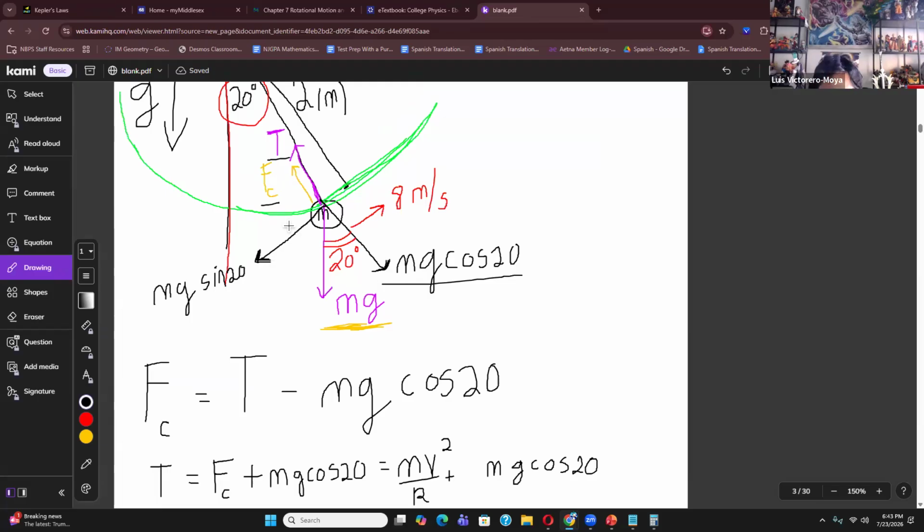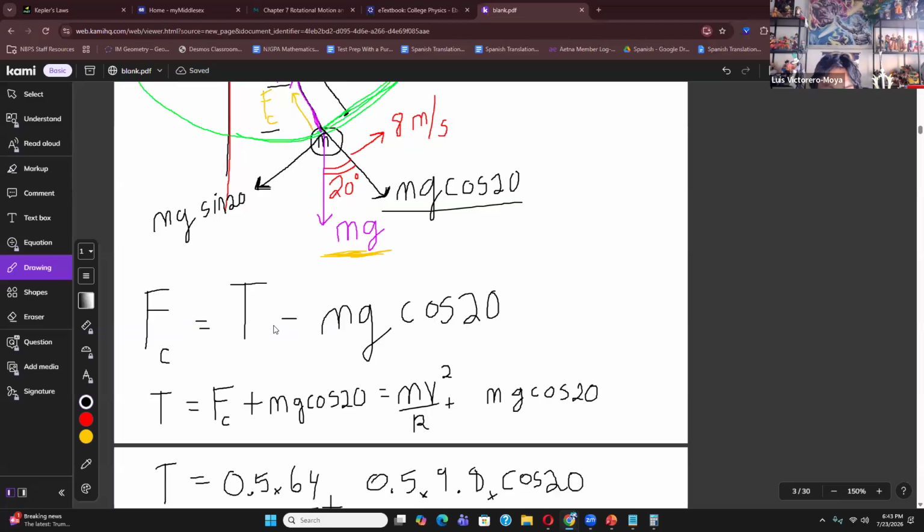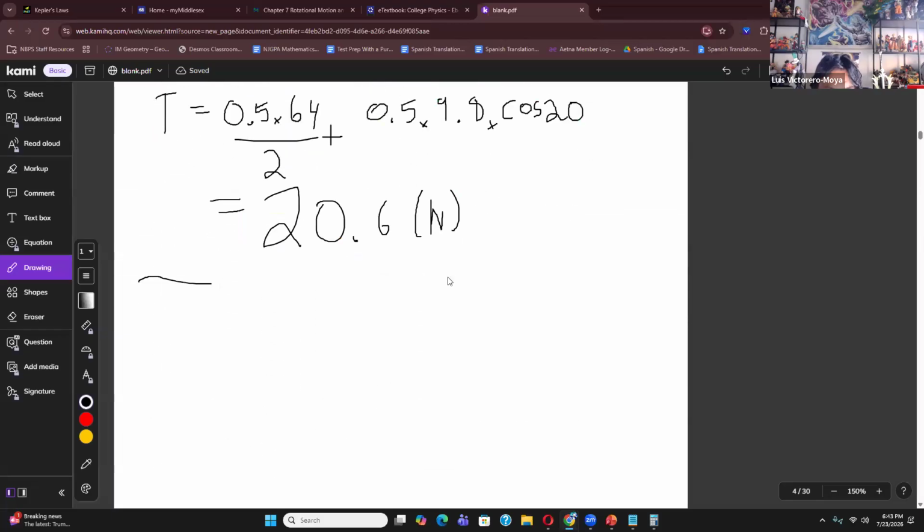This is now the pendulum application. There's more though. Find the tangential and radial acceleration. The radial acceleration is the centripetal acceleration. They're the same. As you should know already, it's v squared divided by r.